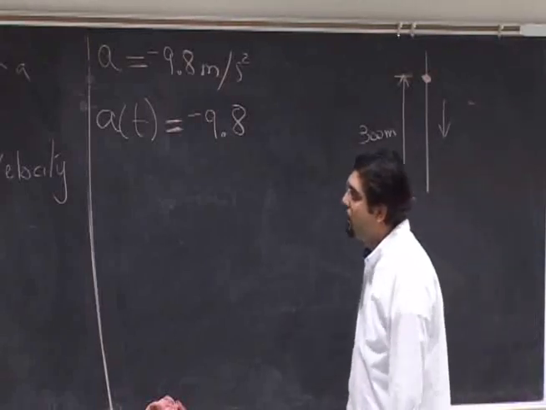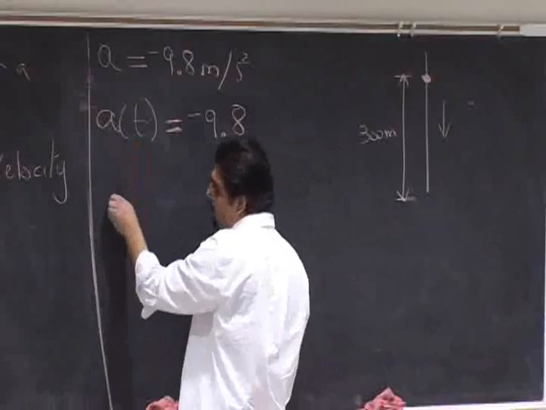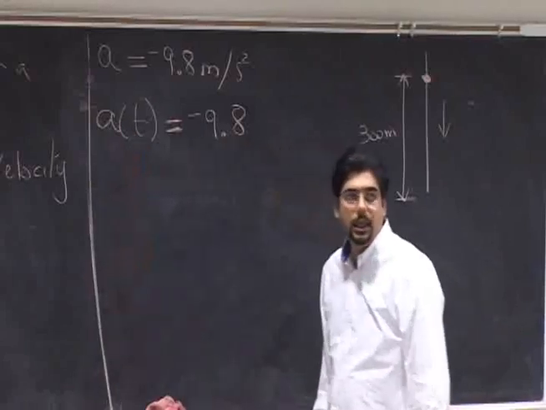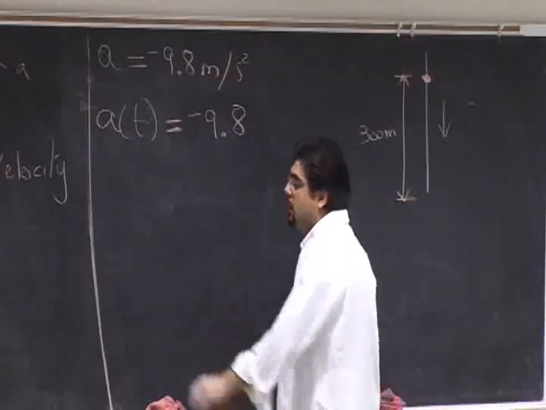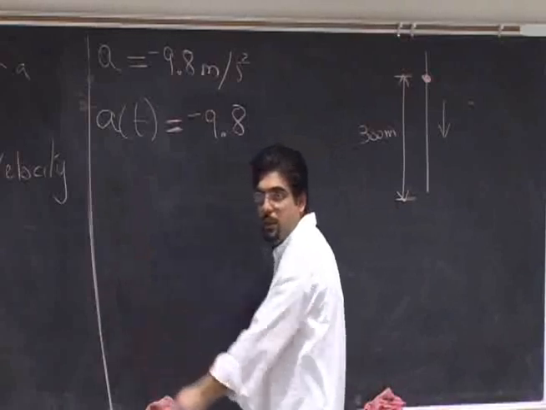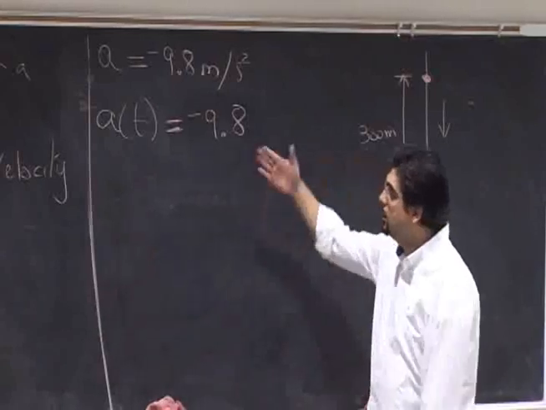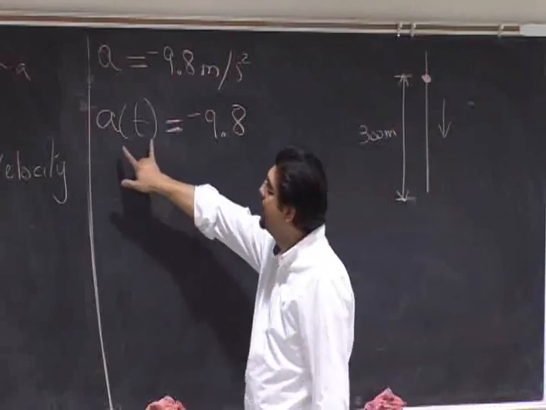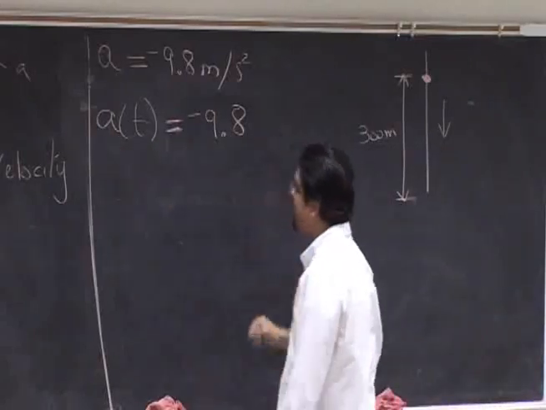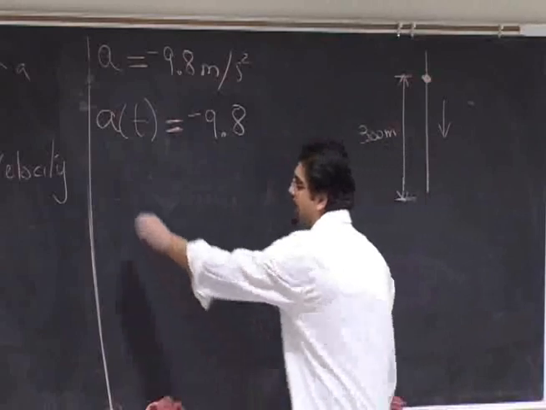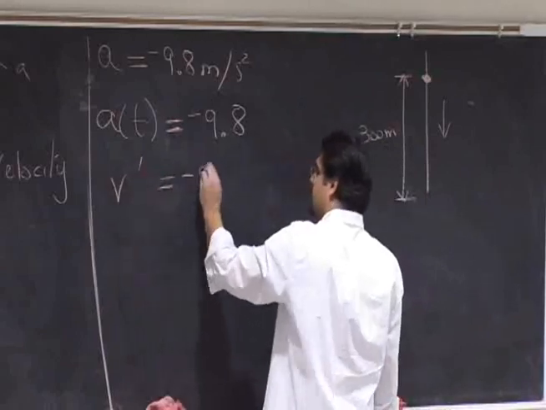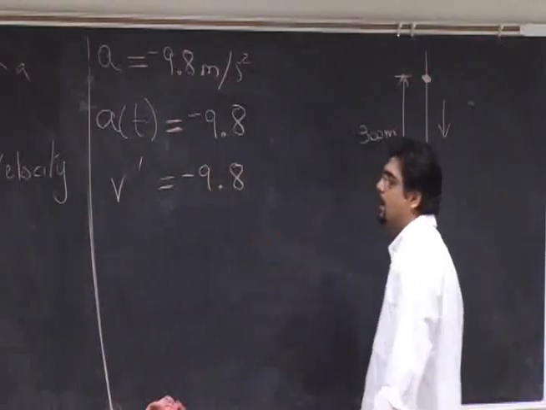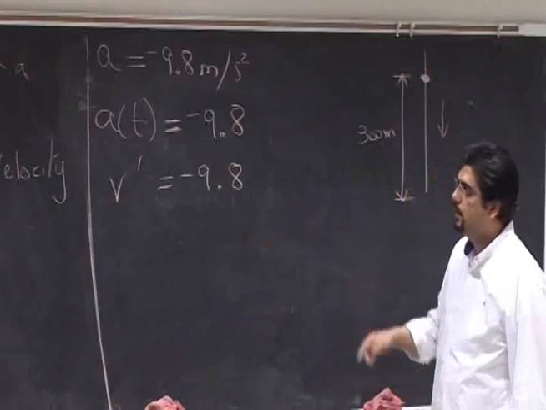Now, we know that acceleration is closely related to velocity, and that velocity is closely related to position. And that's ultimately where we'd like to go. So instead of writing A equals negative 9.8, we can say that V prime equals negative 9.8. And let's see if we can find V from there.